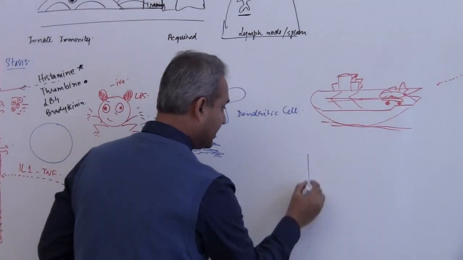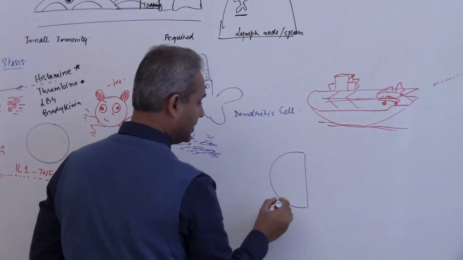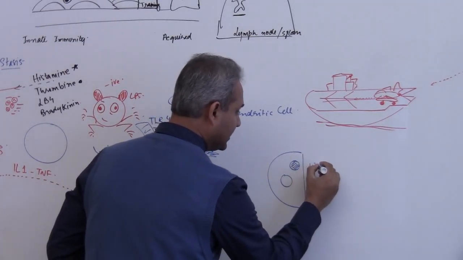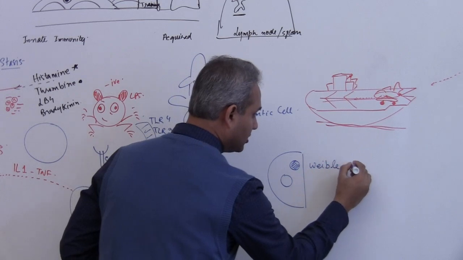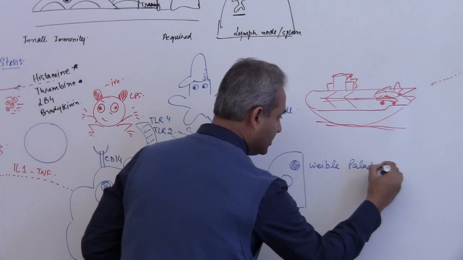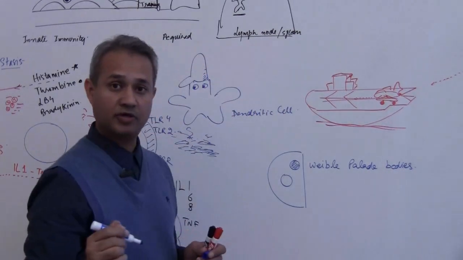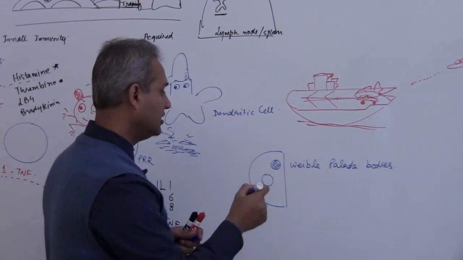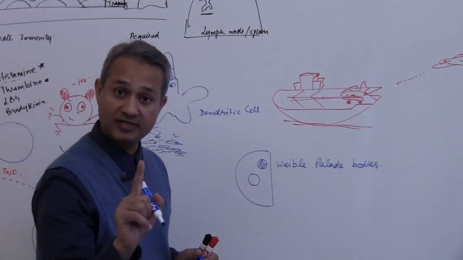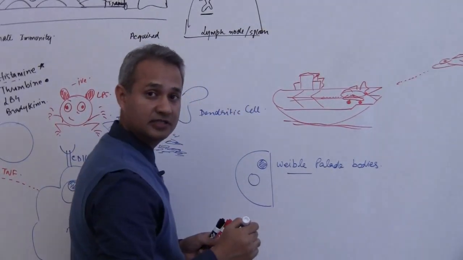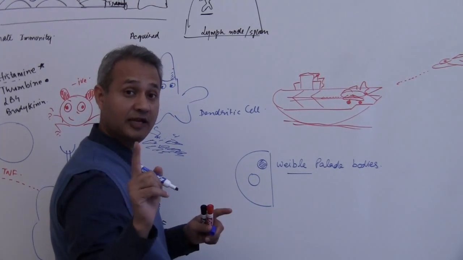So if there is an endothelial cell, I think you might have heard, the cell has Weibel-Palade bodies. Have you heard of those Weibel-Palade bodies? What these are, are little vesicles inside the endothelial cells. And these vesicles contain chemical factors in them.